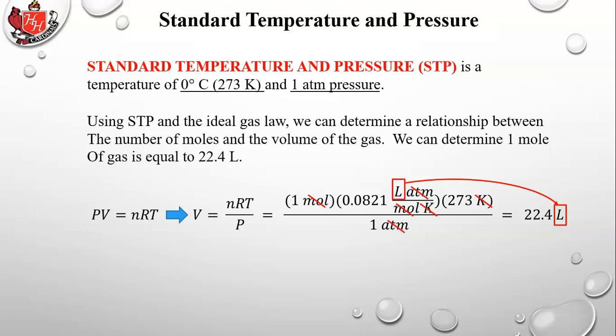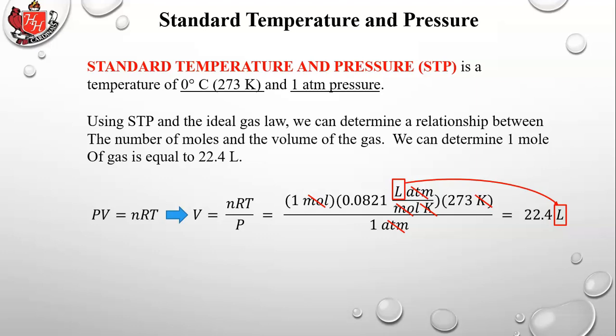So what this means is that 1 mole of any gas, it could be H2, it could be helium, it could be CO2, it could be anything, at standard temperature pressure, is going to occupy 22.4 liters. Think about that. You all know what a 2-liter bottle of soda looks like. So imagine 11 of those, and then just a little bit more than that.